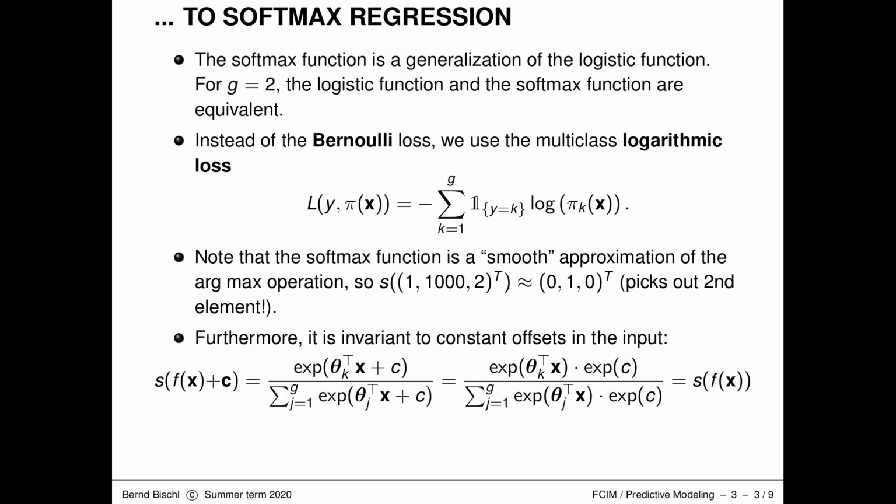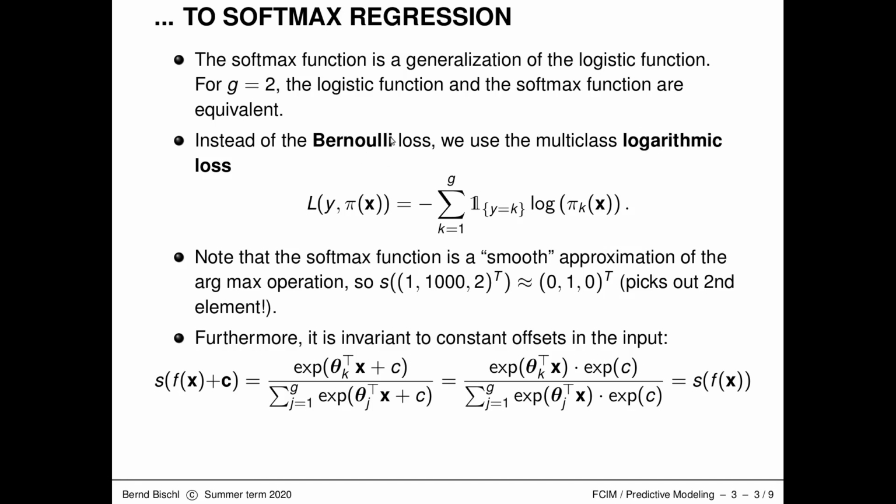And instead of using the Bernoulli loss on this hypothesis space, as in the binary case, I can now simply use the multiclass logarithmic loss, as introduced in the lecture unit before. This is also a straightforward generalization, and again for G equals 2, this log loss will completely coincide with the Bernoulli loss.